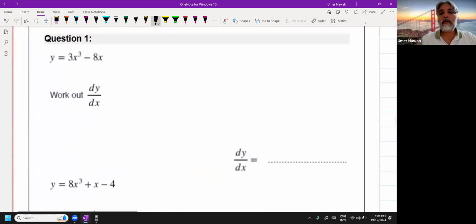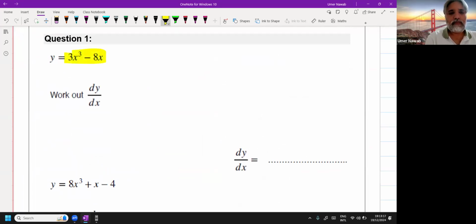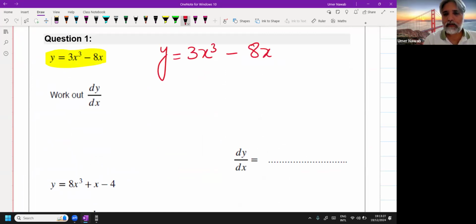Next, calculus. I think in the class I have taught you so many times, so I will not go into basics. I want to find the derivative of y is equal to 3x cubed minus 8x. Now this power will go back and multiply with 3 when I take dy by dx.